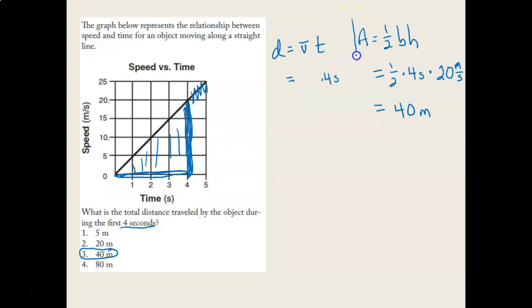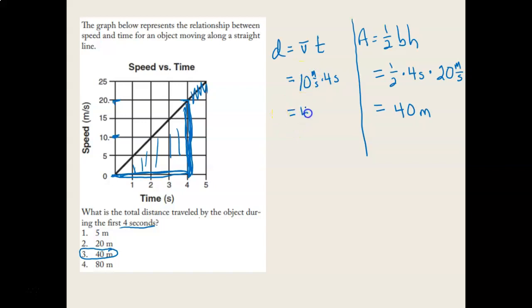But what's our average velocity? Well, when we're steadily increasing, the average velocity is the midpoint of our starting velocity and our ending velocity. So we started at 0 meters per second, and we ended up here at 20 meters per second. What's right in the middle of that? 10 meters per second. So our average velocity is 10 meters per second.